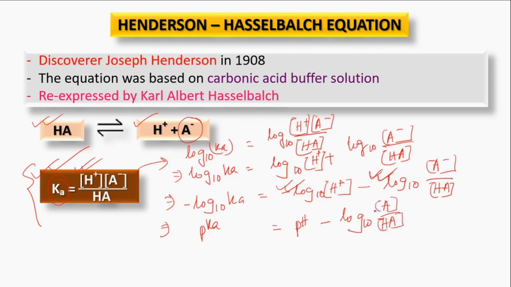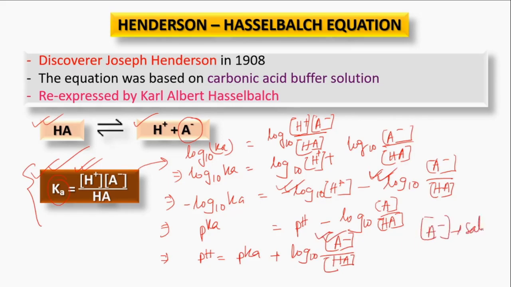So if we arrange this equation, we can write down that pH would be pKa plus log10 A minus by HA. So A minus is the salt and HA is the acid.